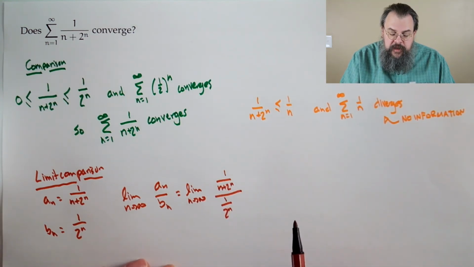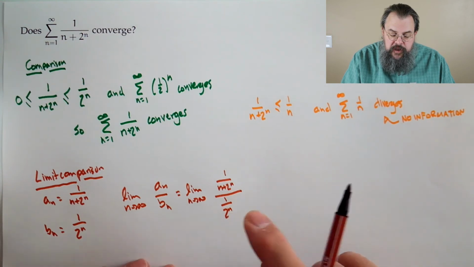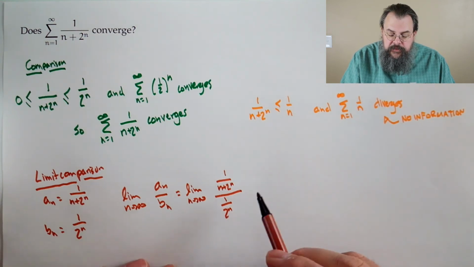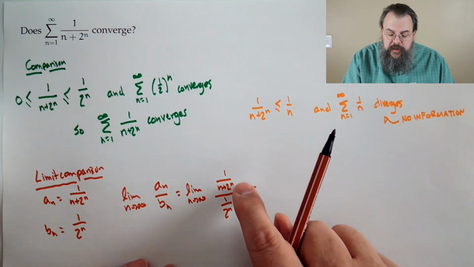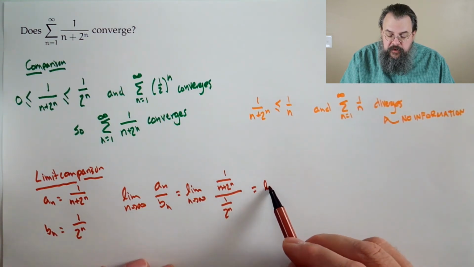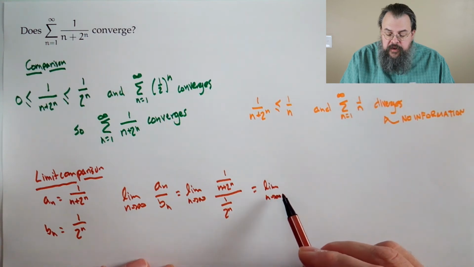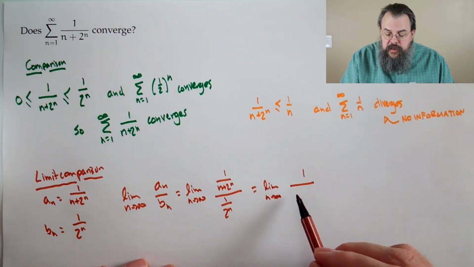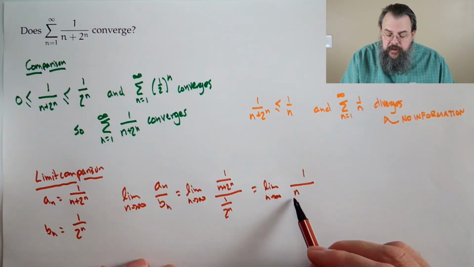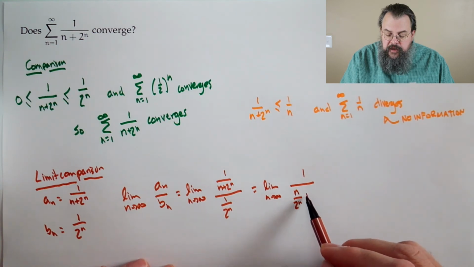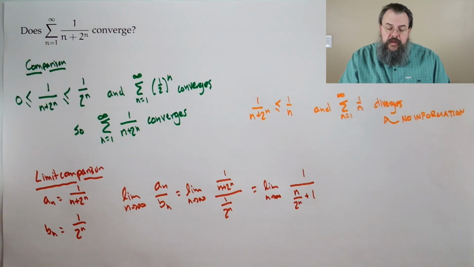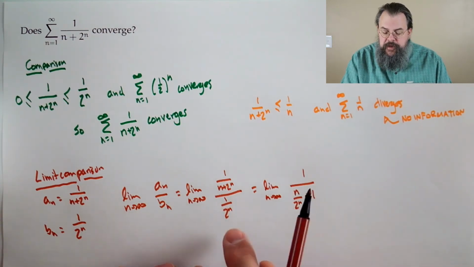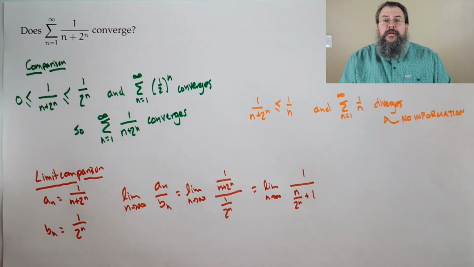What you should think of is the effect is like I'm dividing out by the highest terms. So if you rearrange this, it becomes n over 2 to the n plus 1. There's a little bit of work to get from here to there, but it's just algebra manipulation.